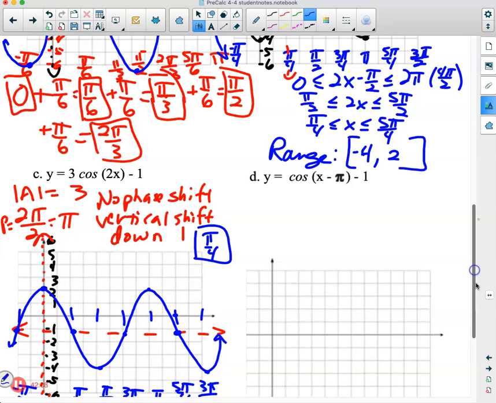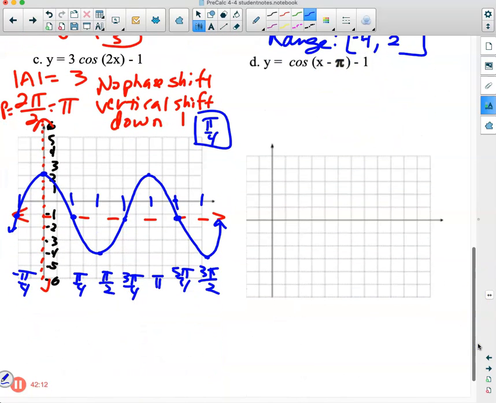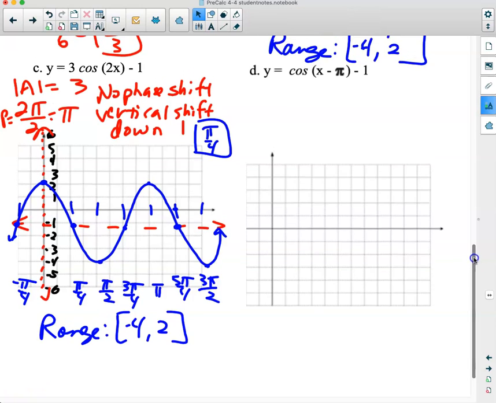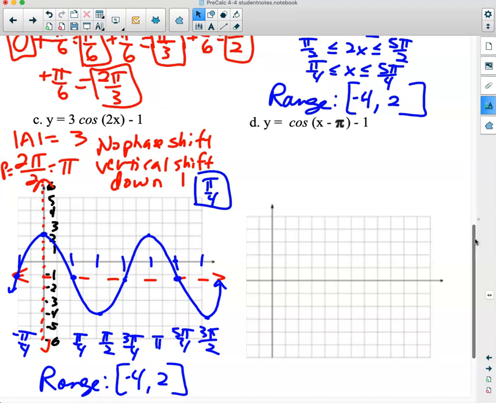And what made me think about that is this one is pretty much the same. So we've got our -4 and our +2. A little faster because of no phase shift. A little bit faster.